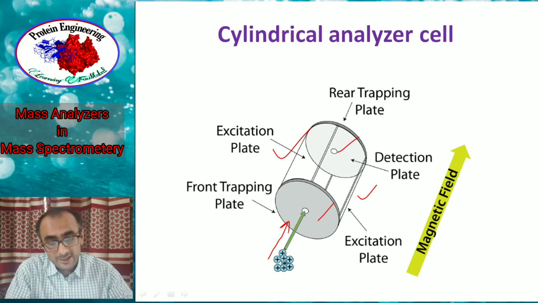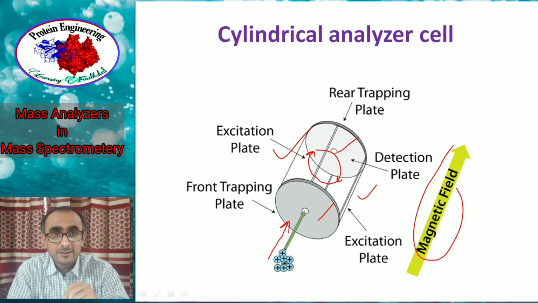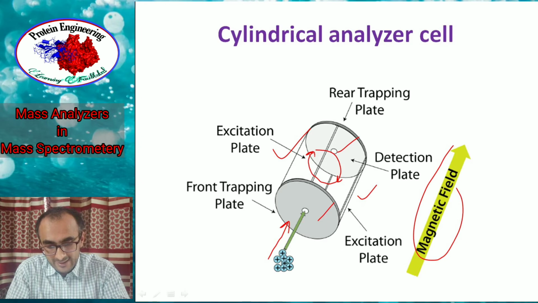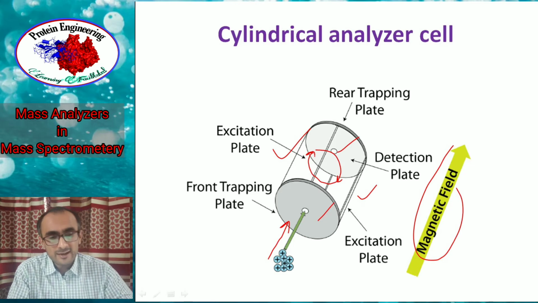But because at the same time the magnetic field is also applied, they start circulating in a circular orbit. Then these ions are detected by the detector, because moving ions, when they come to the detector electrode, produce current, and that current is measured in the ICR cell.